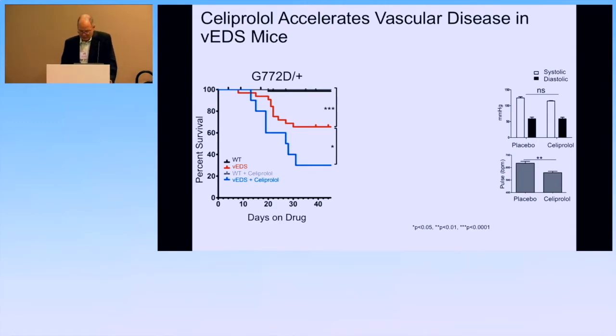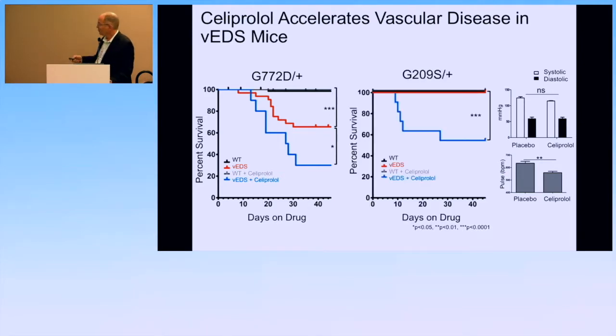This, as you can imagine, was quite surprising and not predicted. When we looked at the more mild mouse model of vascular EDS, that in this time frame of 40 days would typically show 0% incidence of death due to dissection, again, you can see that celiprolol use is definitively detrimental.